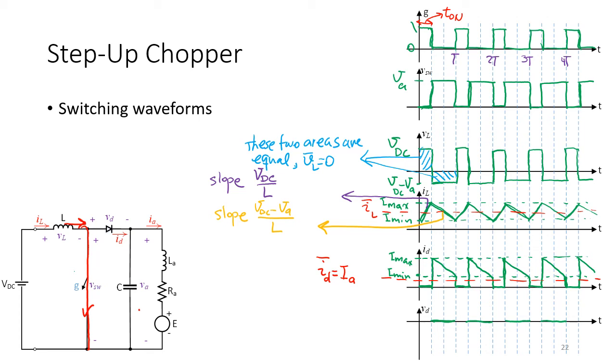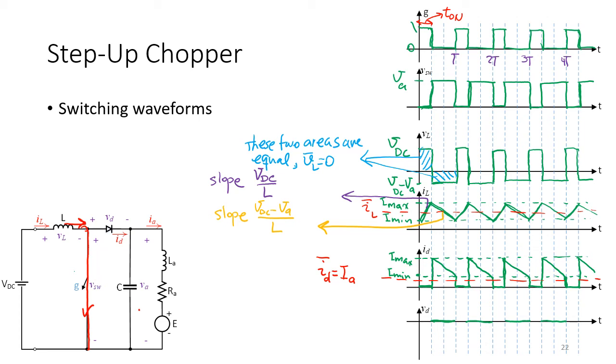See, when the switch is on, the other point of the diode is connected to the other point of the capacitor. It's like it is parallel to the capacitor, parallel to the load, because the switch is on.